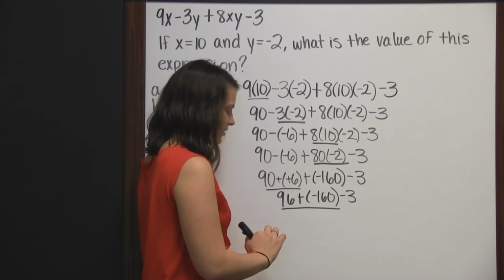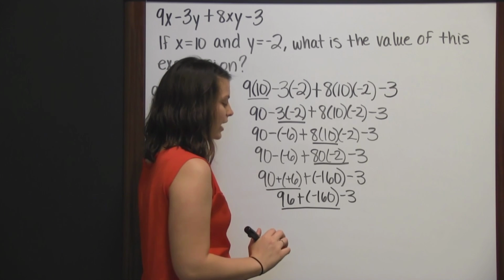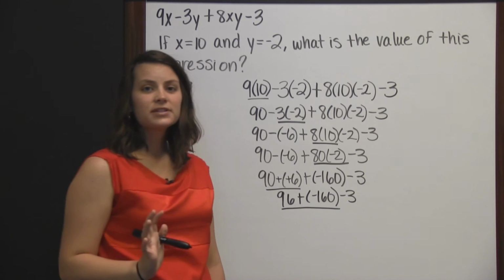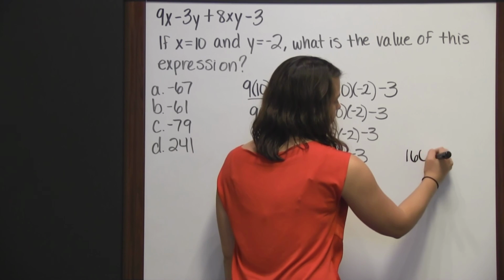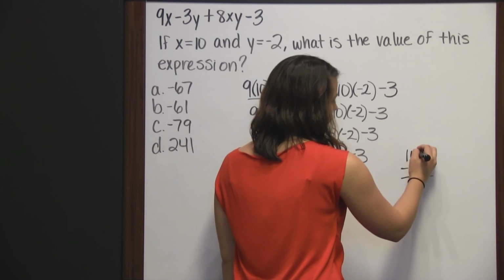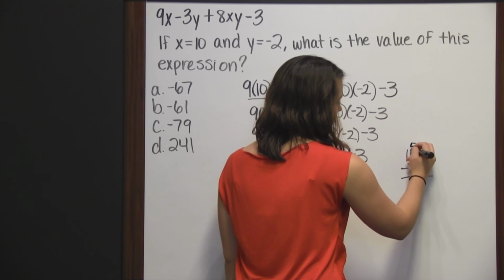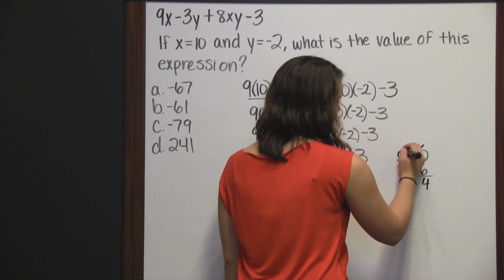These two numbers have different signs. 96 is positive, while 160 is negative. Since they have different signs, we need to subtract them. So I'll do that off to the side. 160 minus 96. So to borrow from the 6, it becomes a 5. 10 minus 6 is 4. Now borrow from the 1, it becomes a 0.